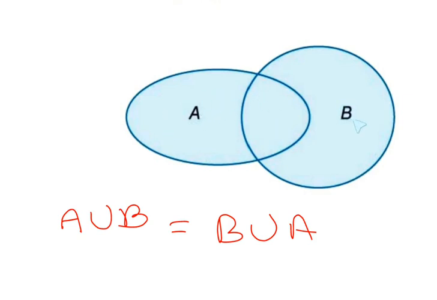A union B is this one and B union A is also the same. This is called commutativity. That means we can add two sets in any way, add B to A or add A to B, we will get the same answer.